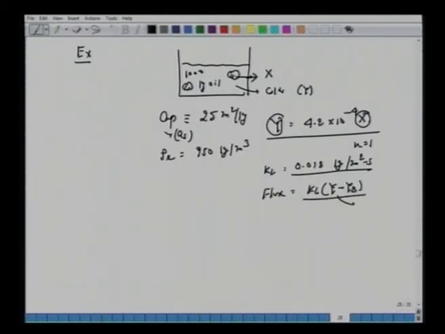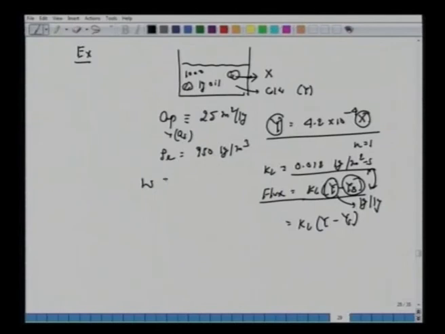Alright, so this is kg per kg, one in the bulk phase and one in the solid phase. So we have KL in kg per meter square per second, and we have this dimensionless quantity here. So KL is given as 0.012. You have to be careful what unit is given for KL, so that we can write this flux. Okay, so this flux is kg per meter square per second, same as the unit of KL here.